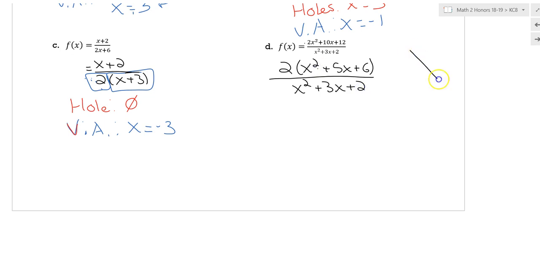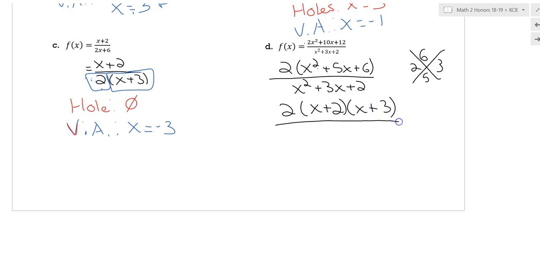I'm going to factor this one. That's 2 and 3. Factor this one, multiply to 2, add to 3, that's 2 and 1. Okay, weird order, that's okay.